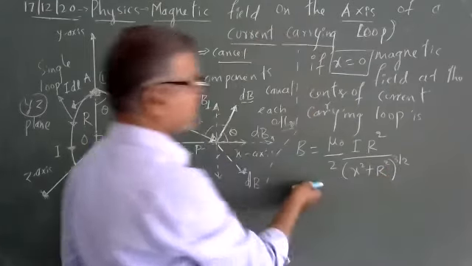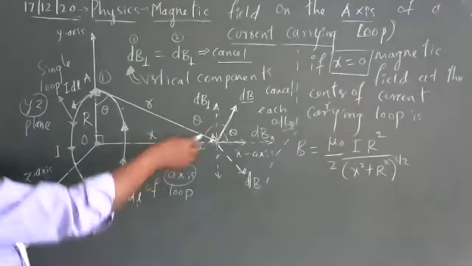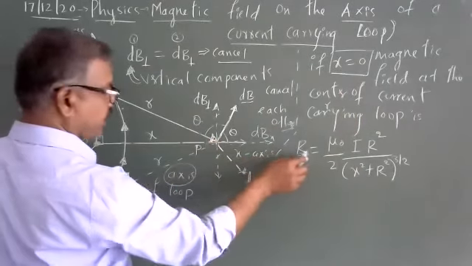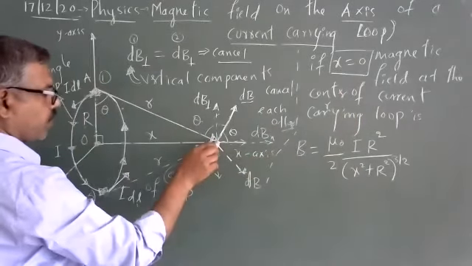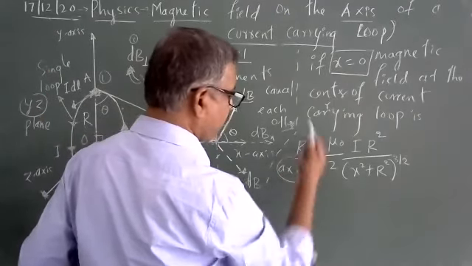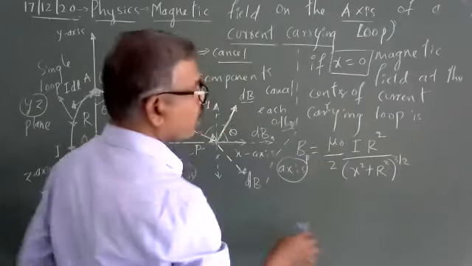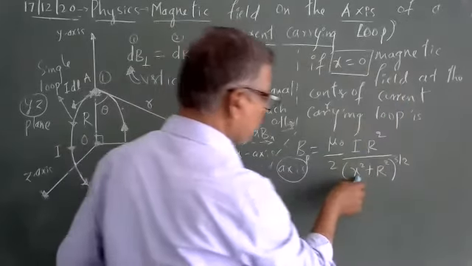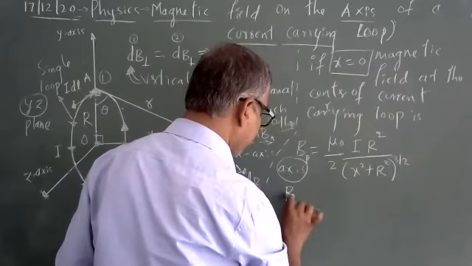This expression is for a point P on the axis. This is the magnetic field on the axis at any point P, called BP.